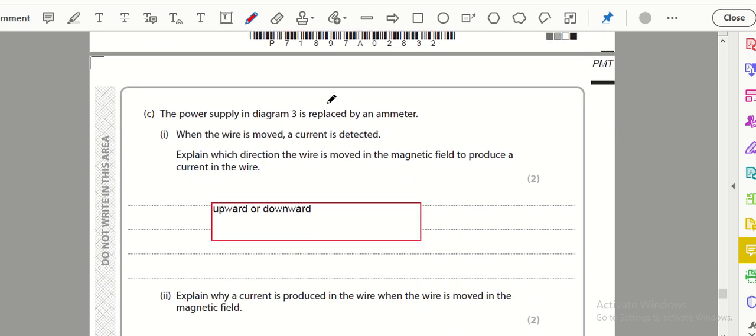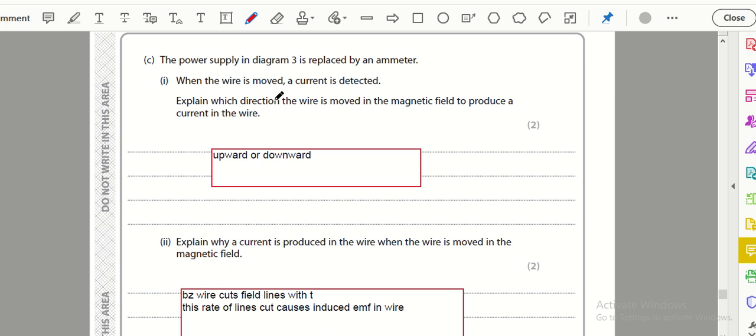The power supply is replaced by an ammeter, the wire is moved and current is detected. Explain which direction the wire is moved in the magnetic field to produce current in the wire.